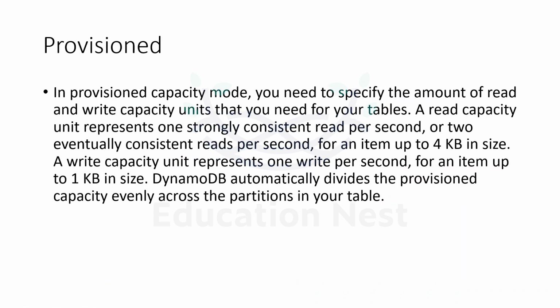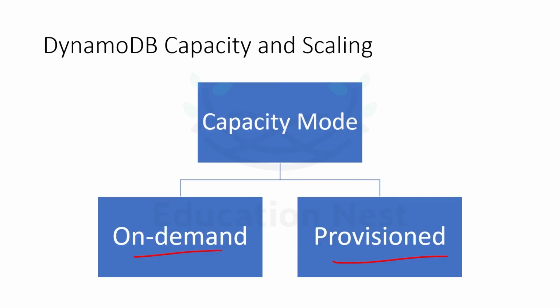Before I go to this, I have to discuss the read capacity unit and the write capacity unit. Whenever you want to specify the capacity of your DynamoDB, then you have to specify how many RCUs and how many WCUs you want. What is RCU and WCU?